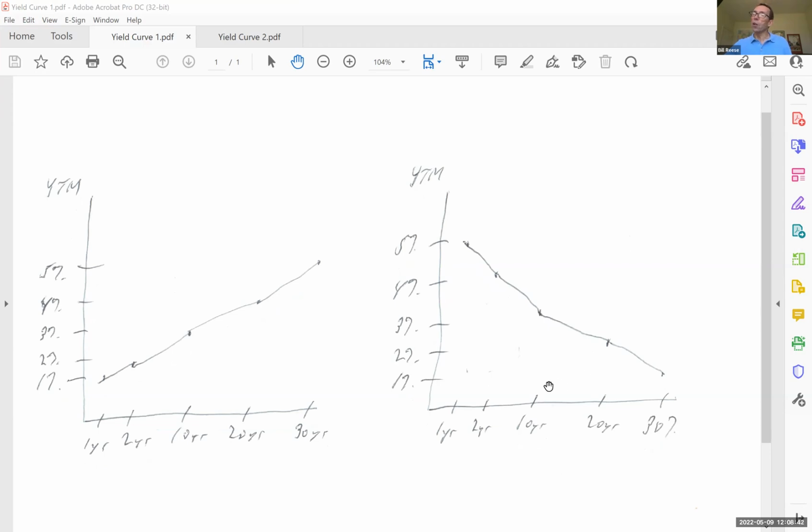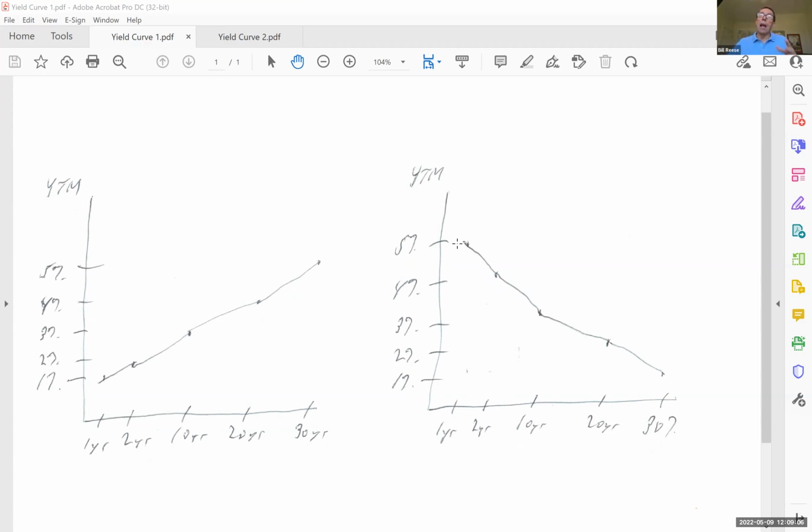So we're saying it's the same thing, that the time to maturity is what is influencing the yield to maturity. But in this case, the longer time to maturity is leading to a lower yield to maturity, and a shorter time to maturity is yielding a higher yield to maturity.